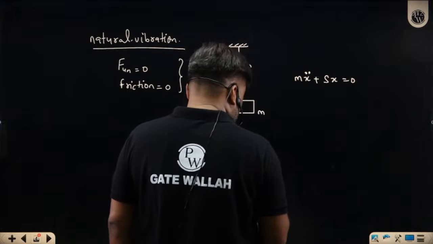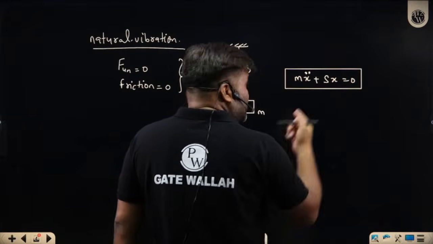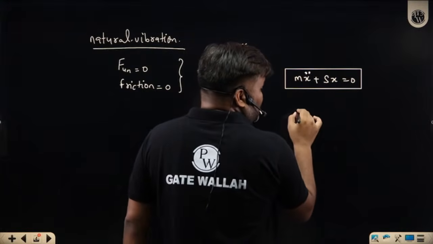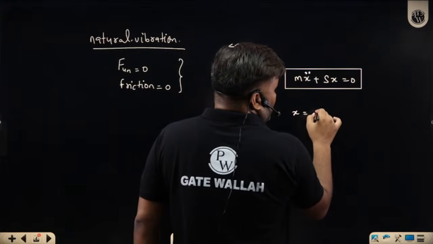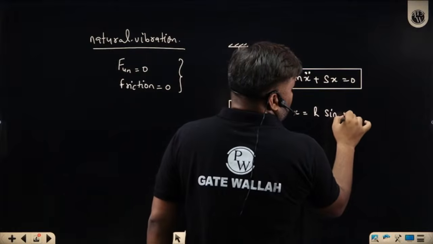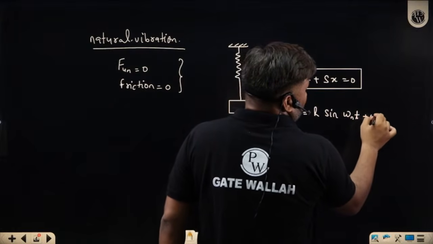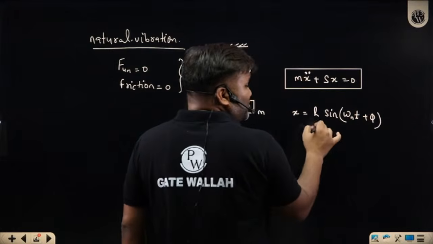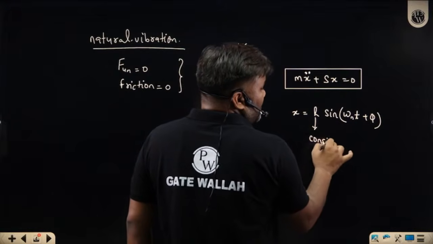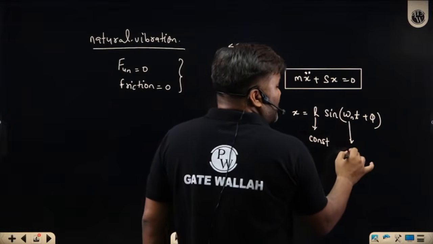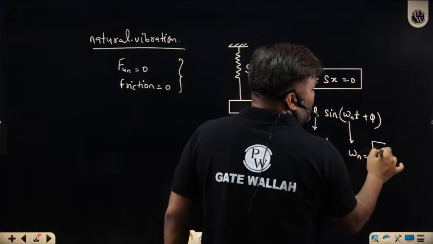Its solution looks like x is equal to R sine omega n t plus phi, where R is the amplitude, which remains constant, and omega n is the natural frequency, under root s by m.